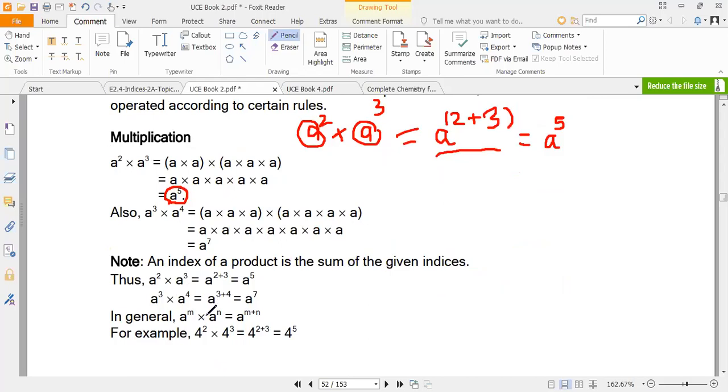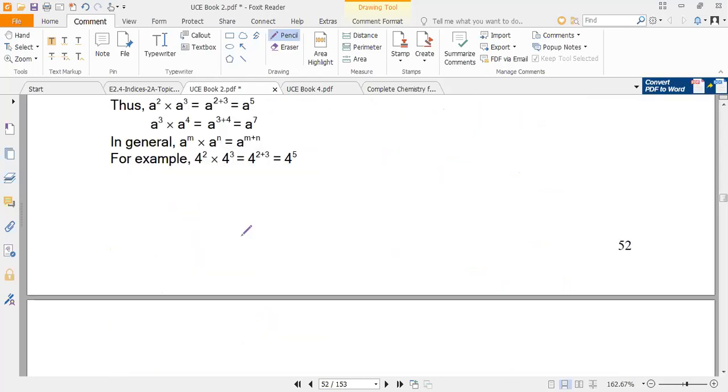So if you have a power m times a power n, you keep the base the same and then you add the powers, as you can see here. Let's look at an example. If you have 4 power 2 multiplied by 4 power 3, using the laws of indices, since this has a base of 4 and this also has a base of 4, keep the base and then add the powers.